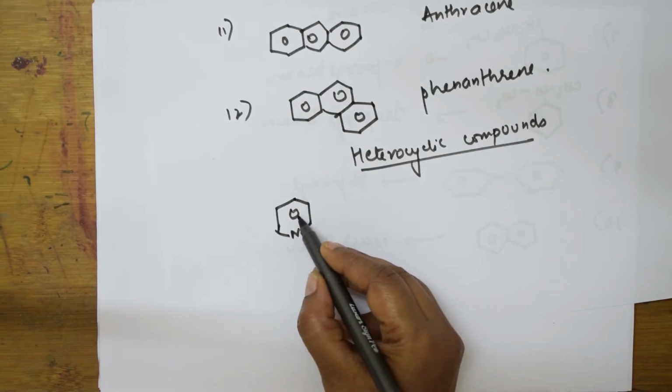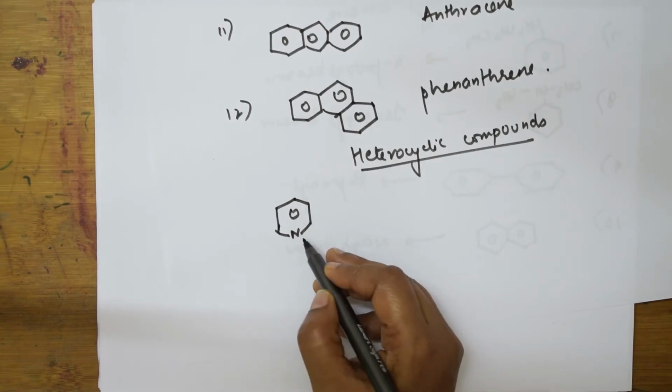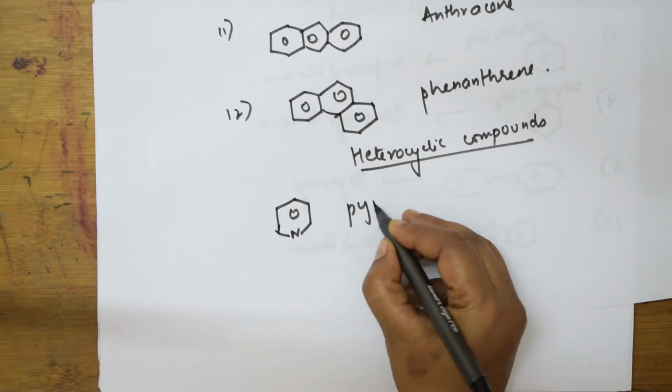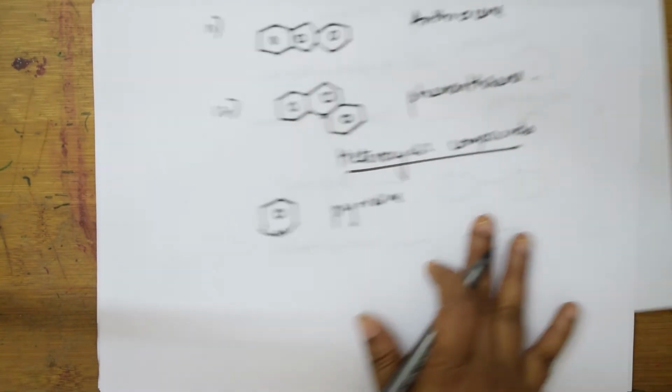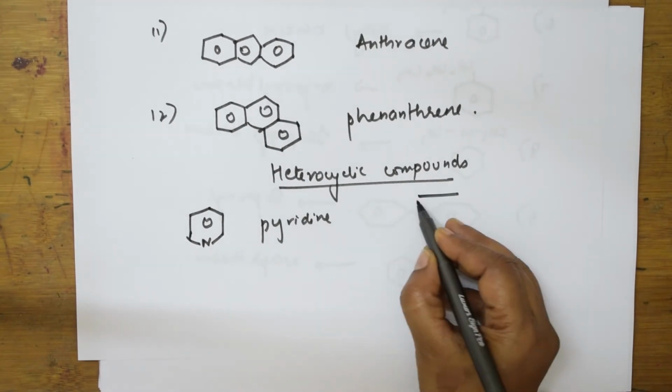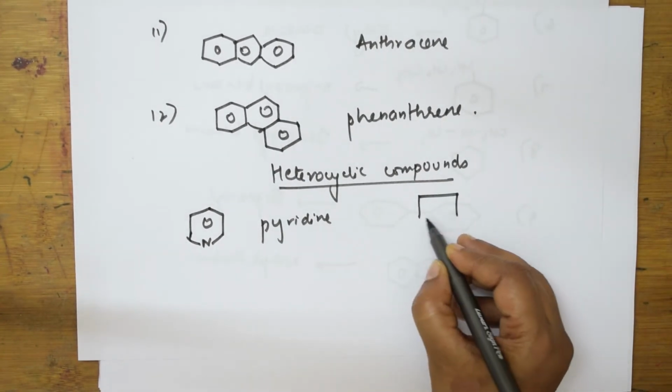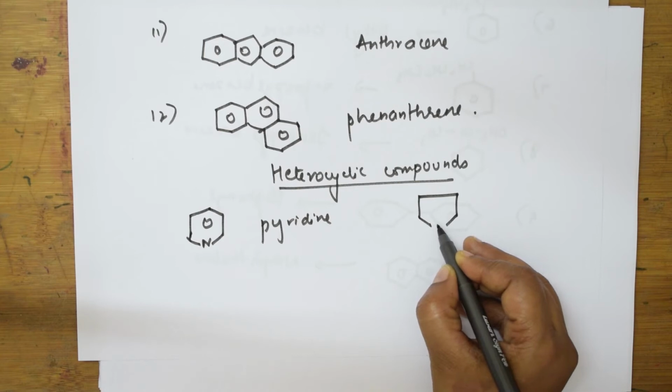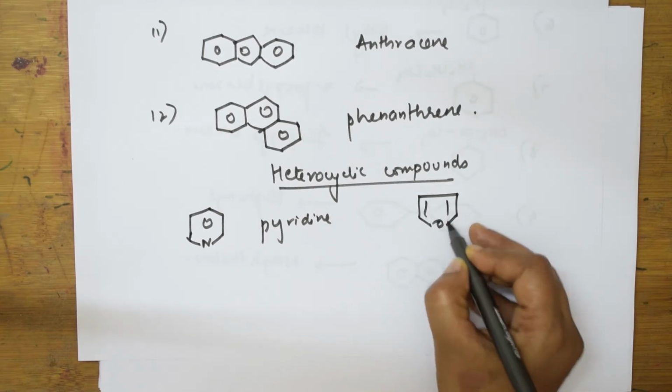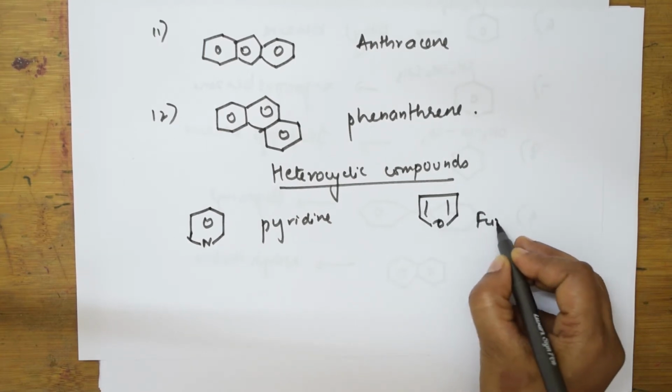So when you have a ring with nitrogen like this, this is called pyridine. Suppose I take a ring, and in this case you have oxygen. This is called furan.